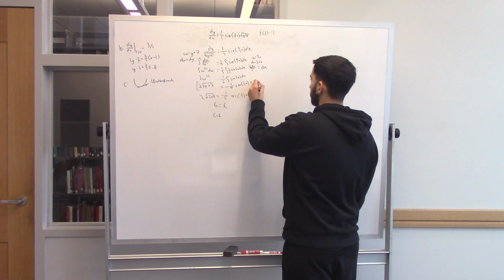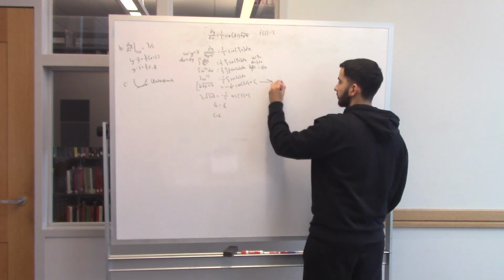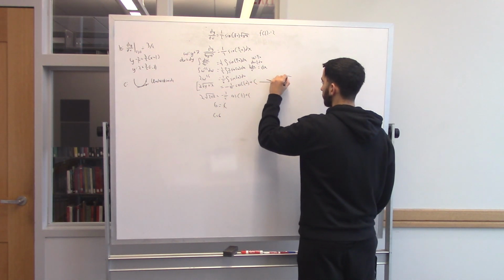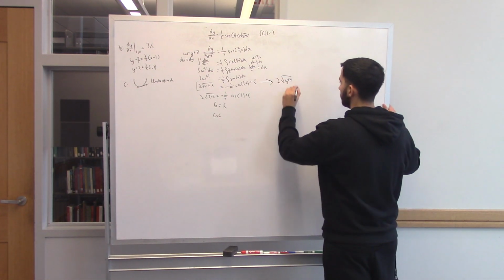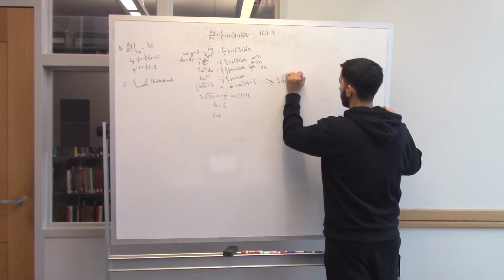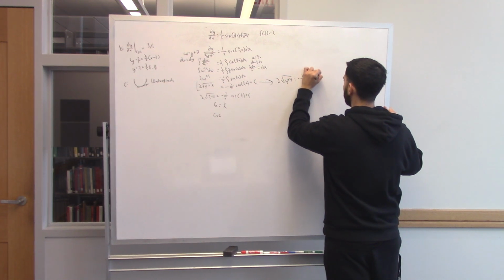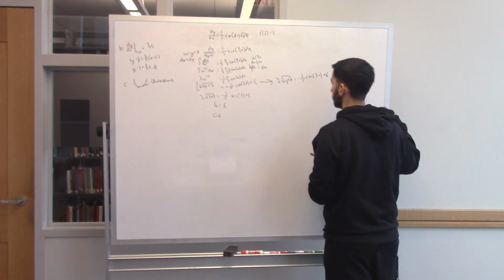So I'm going to rewrite this over here now with the initial condition written down. So 2 root of y plus 7 equals negative 1 over pi cosine of pi over 2 times x plus 6.